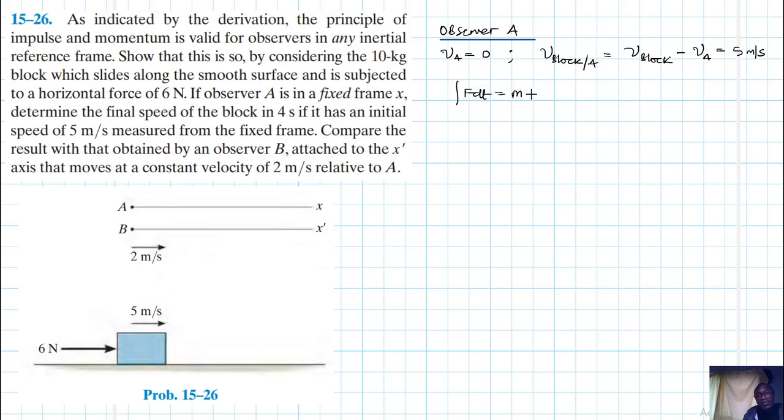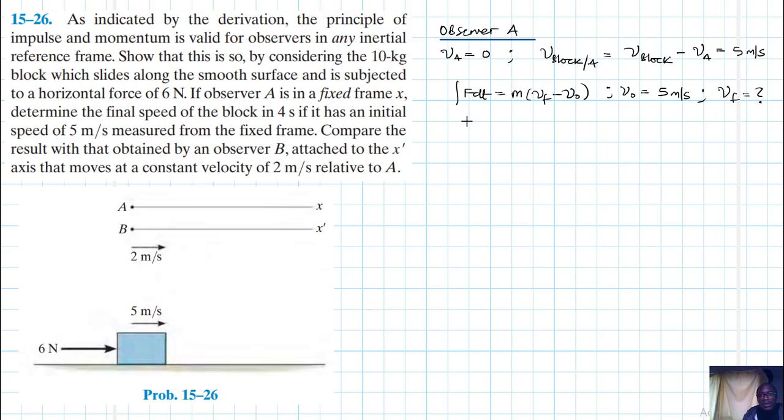Alright, so having this in mind, we can simply say now the integral of F dt is just equal to m (v final minus v initial). Since the force is not a function of time, we have our v initial for this. The initial velocity of the block is equal to 5 meters per second, and the final is what we are looking for.